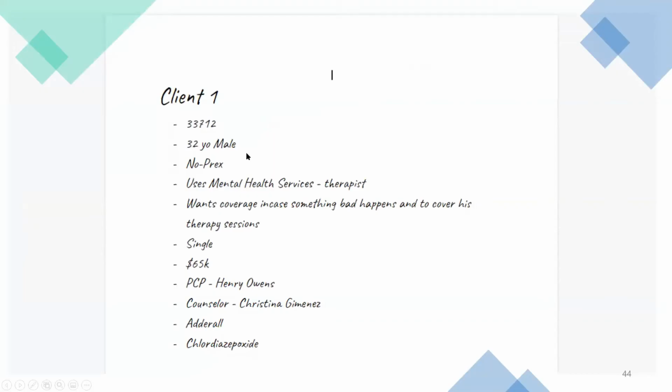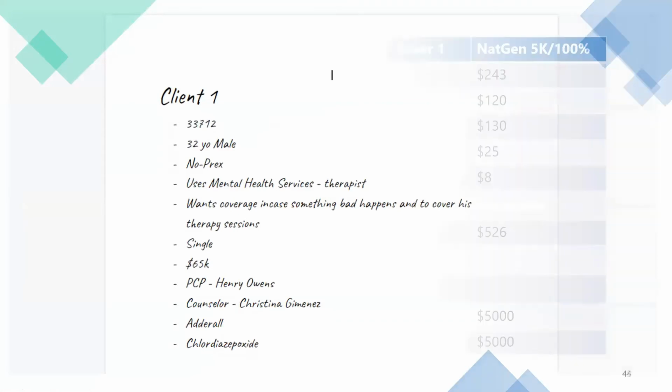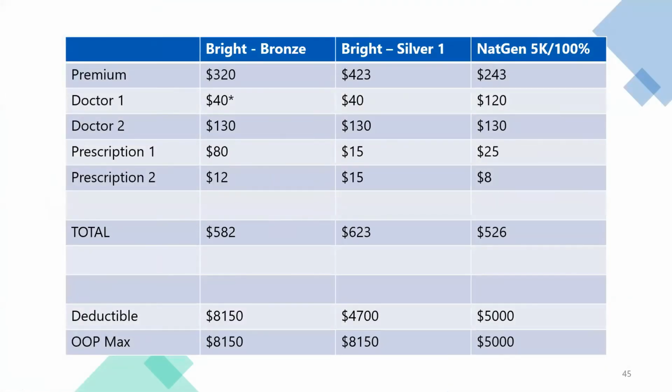All right, and we'll do the math on this. First let's look at premium. On that Bronze Bright plan that we looked at, it's going to be $320. On the silver, $423, and on the NatGen, $243.